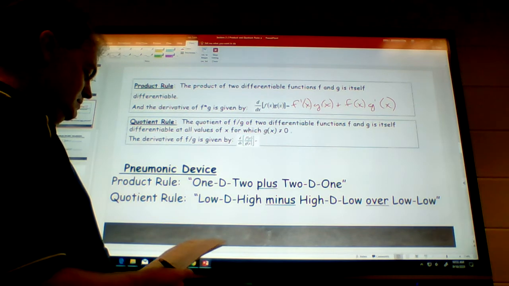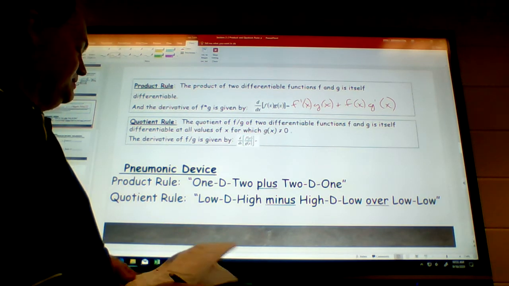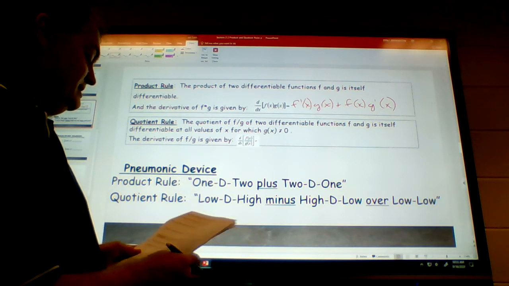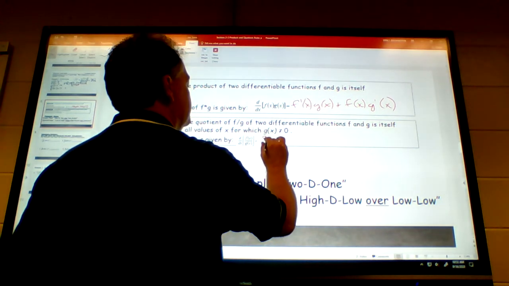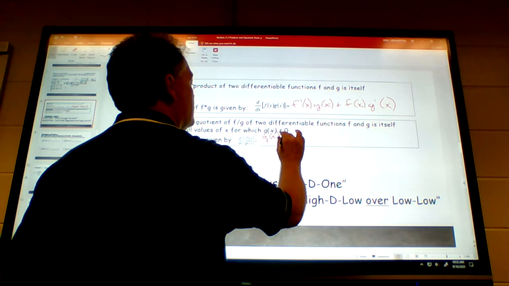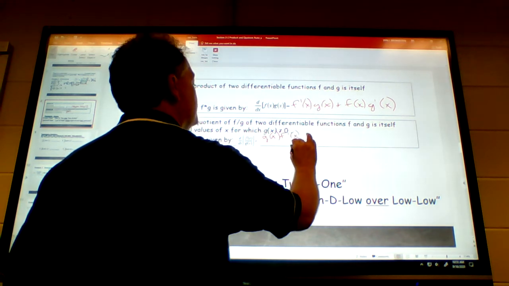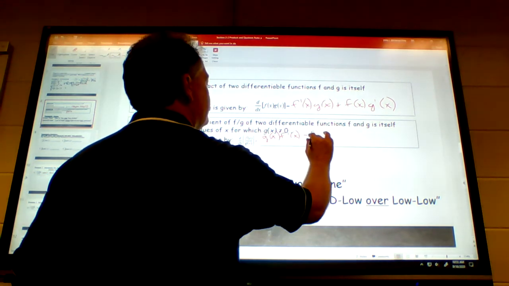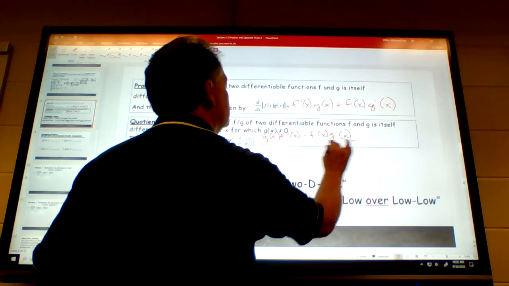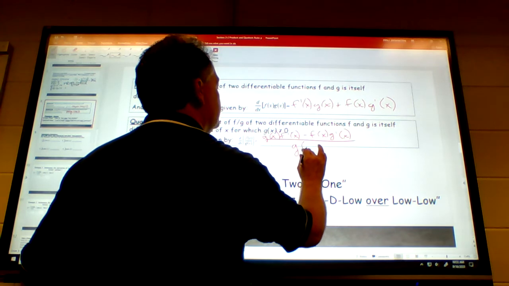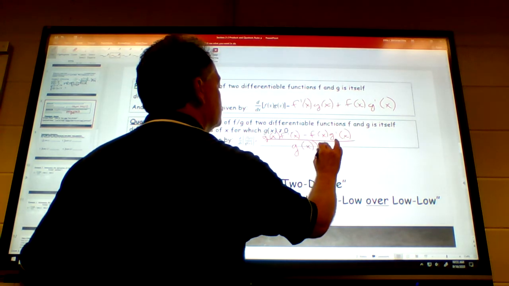And the quotient rule is, and I want to make sure I'm looking at my notes so I write it down correctly, g of x f prime of x minus f of x g prime of x, all over g of x squared.